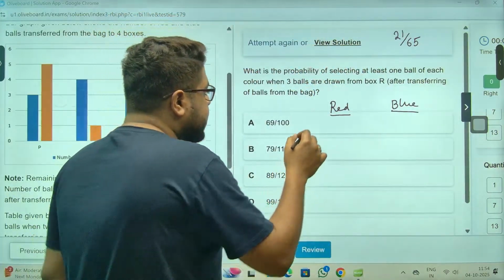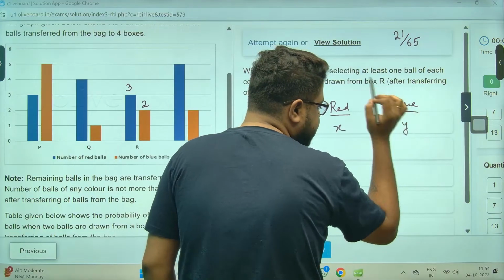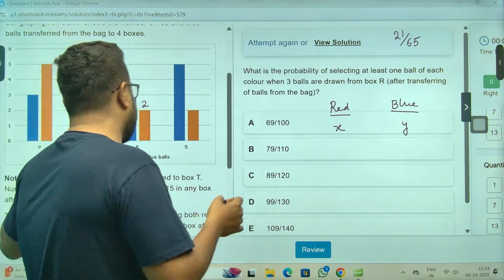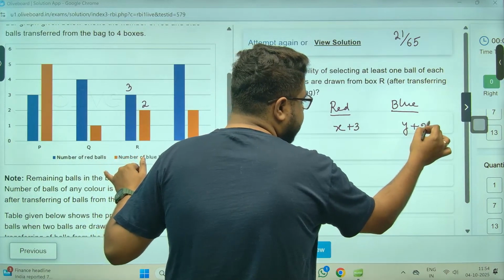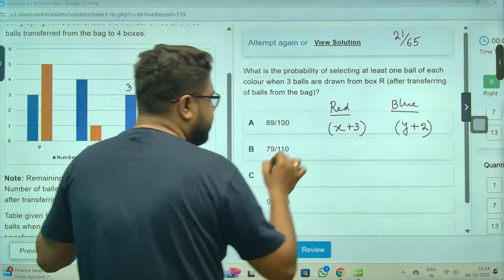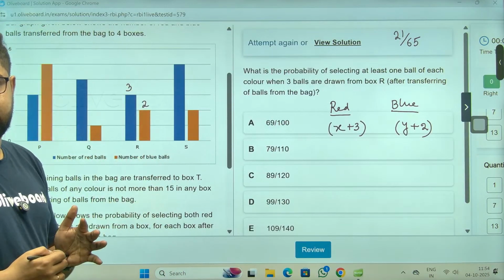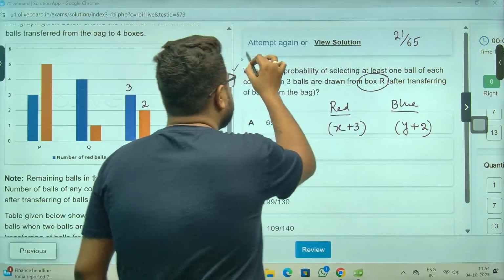Let's take the number of red balls as X and the number of blue balls as Y. After I have transferred, red balls will be X plus 3 and blue balls will be Y plus 2, because from the bag I've transferred 3 red balls and 2 blue balls. This is for R. I'm only talking about box R because this question only deals with box R.